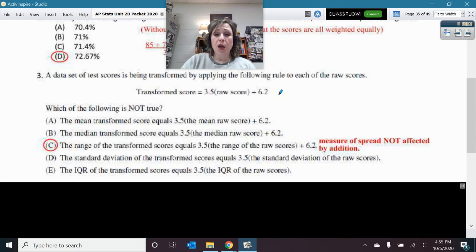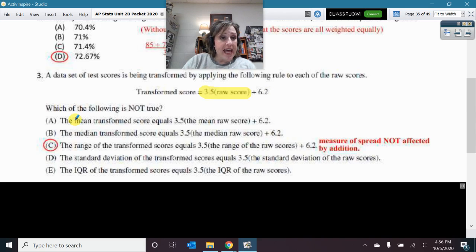So what you were looking at is that the measures of spread are only affected by the multiplication component, and the measures of center, the mean or median, and position, even the quartiles, Q1, that kind of stuff, are affected by the plus 6.2, the measures of where things are located.